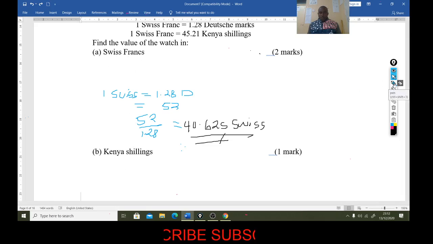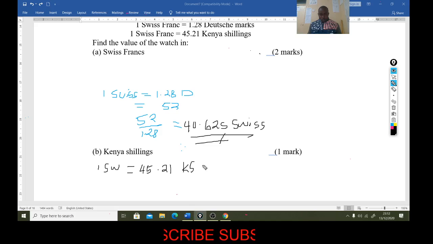Now we argue from there: 1 Swiss franc equals 45.21 Kenyan shillings.